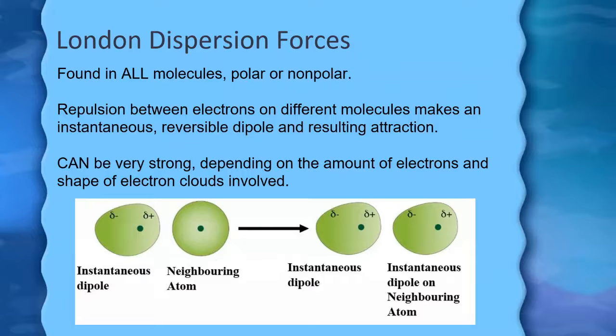Just like you don't stay latched on to the first person you saw at a party, you go talk to other people. When those molecules move away from each other, they go back to being evenly distributed. So it's what's called an instantaneous dipole, but it is reversible. They interact and then they go back to being a regular symmetrical distribution.